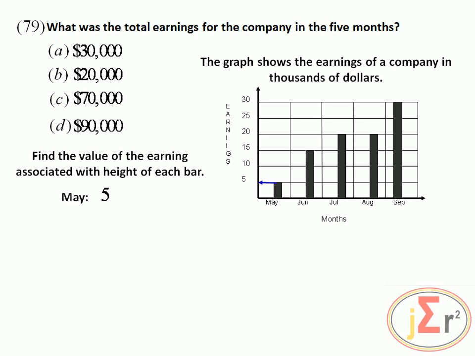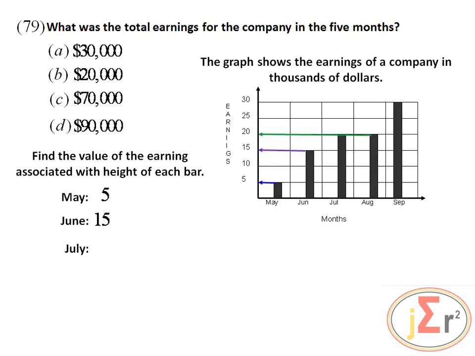Good. Right. So we may move on to June. The arrow goes across 15. Right. So what about June? Right, 15. Good. So what about July? Okay, 20.